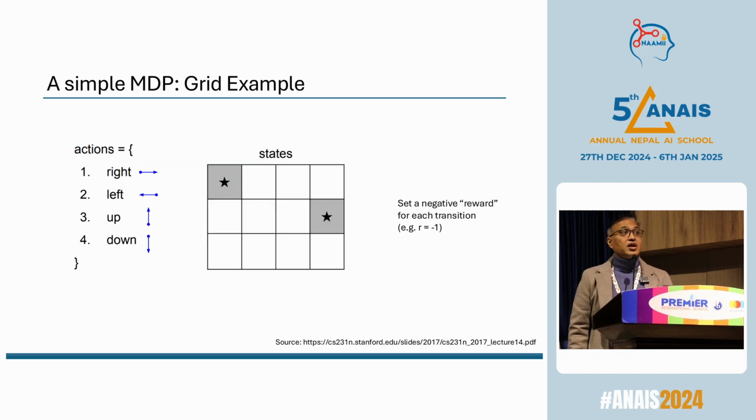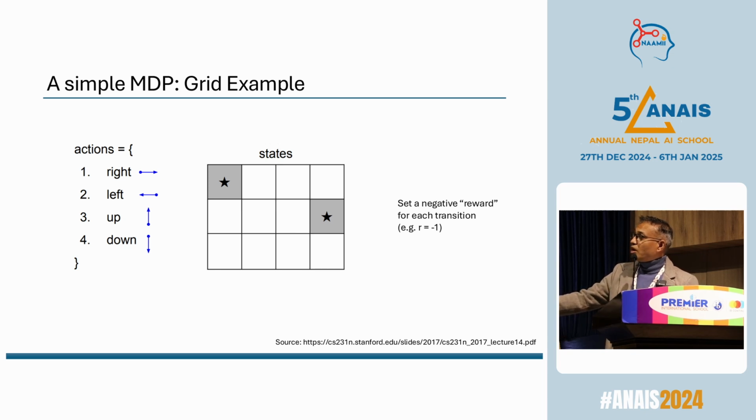Let me take one very simple example. This is a grid example where you have a 4 by 3 grid, and these are two positions that you can reach. If there is a robot or a human moving through these cells, and it is supposed to move from any place to this position, then the agent will receive some reward.